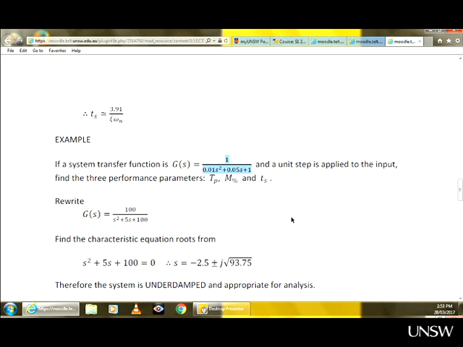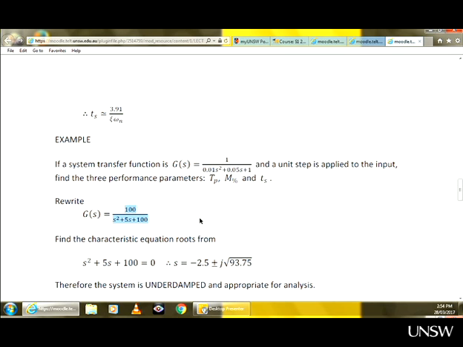Is this system really underdamped? So what we are going to do first, let's normalize this transfer function. So let's divide by 0.01, both the numerator and denominator. So this is the normalized form of the transfer function.